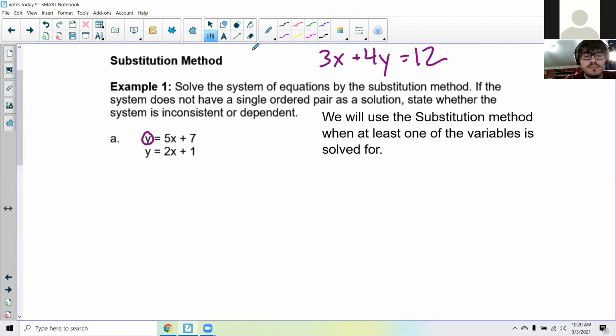What I'm going to do here is substitute the expression that y equals in for y in the other equation. Here I see y equals 5x plus 7, but here's a y right here.